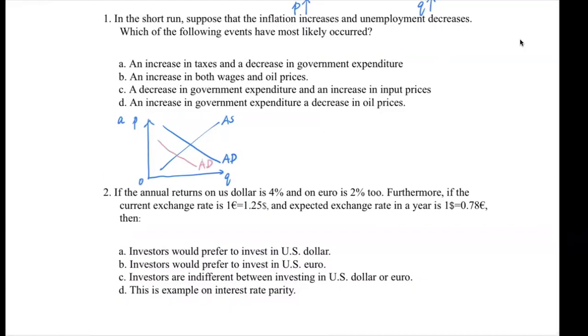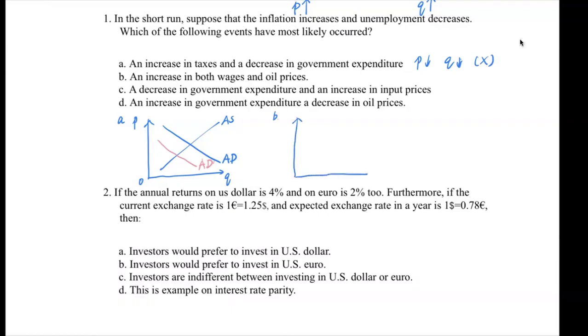Because with an increase in taxes, consumers don't have as much money as before because of the higher tax rate. And government expenditure is an important part of aggregate demand, right? So the AD curve will shift left, which will cause the price to decrease and quantity to decrease. So not true.